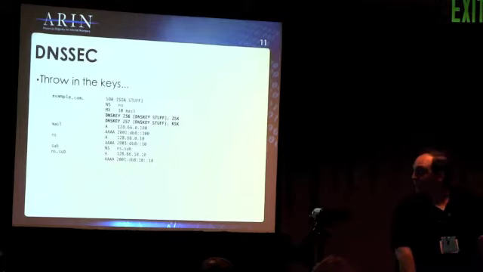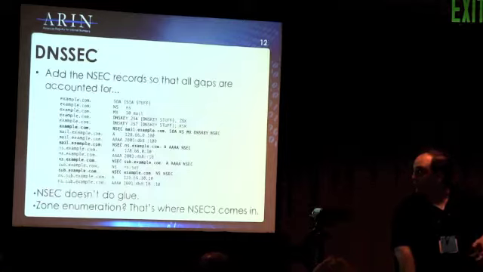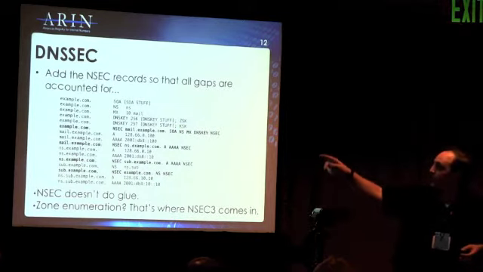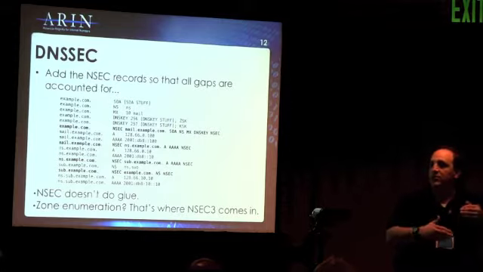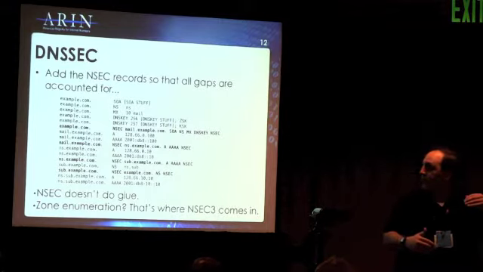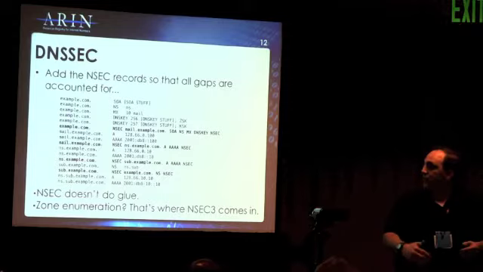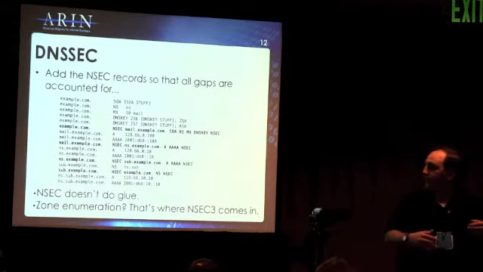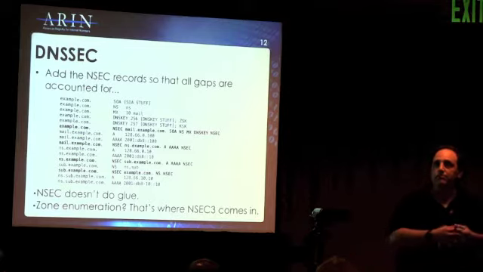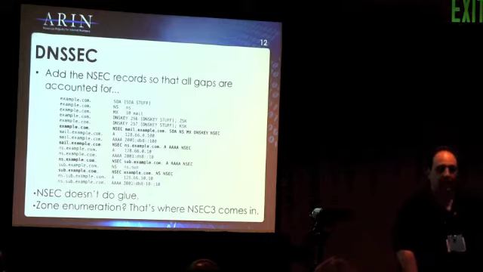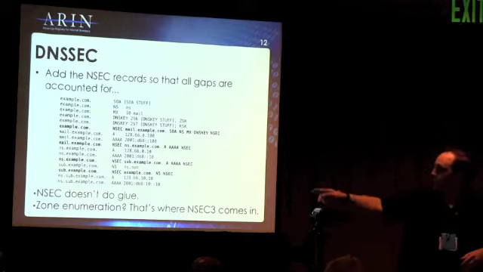Securing a zone, you generate the DNSKEYs, you add NSEC records to point to the next secure name to cover the gaps between your records, so that if there is a query for a record that doesn't exist, you can prove to the recursive name server that the record does not exist, or that the type doesn't exist. Once again, NSEC does not do glue.